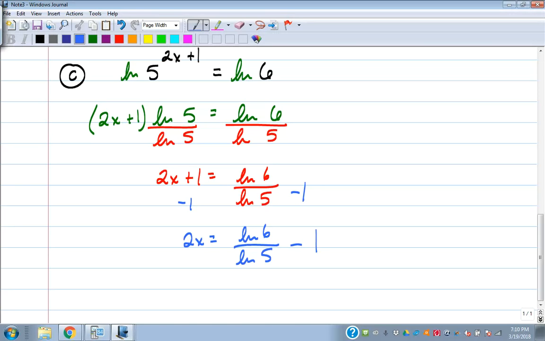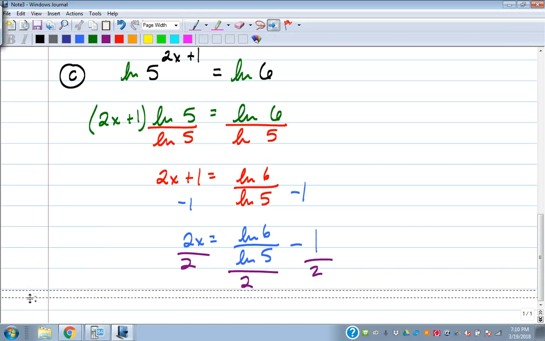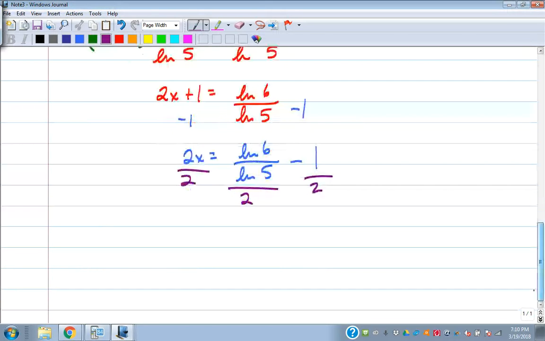And then one more step gets x by itself. Divide everybody by 2. So if I divide this one by 2, I've got to divide that one by 2 and that one by 2. Not pretty, but it sure got x by itself, right?